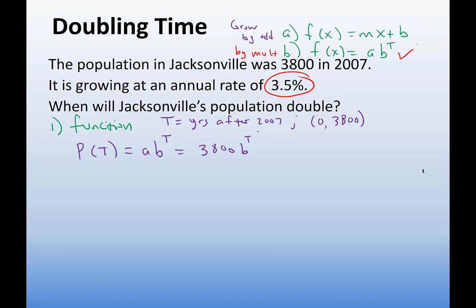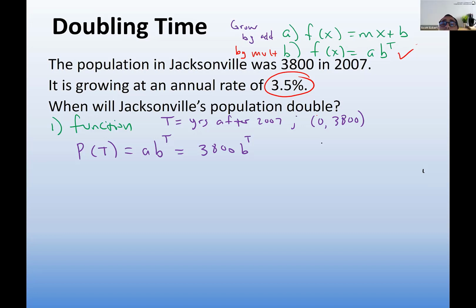You just plug in the numbers. What numbers do I plug in for b? For A, you plug in 3,800, and for T, that's our year, so 2007. So B would be our 3,800. No, not 3,800.